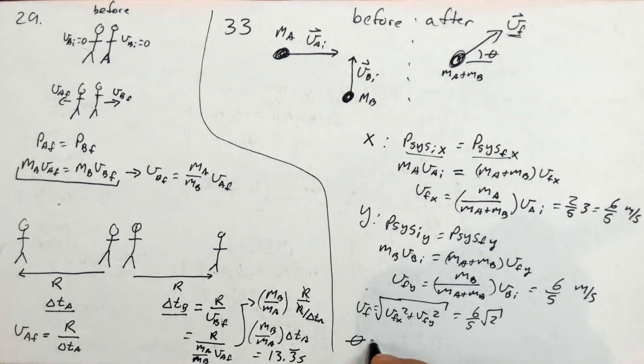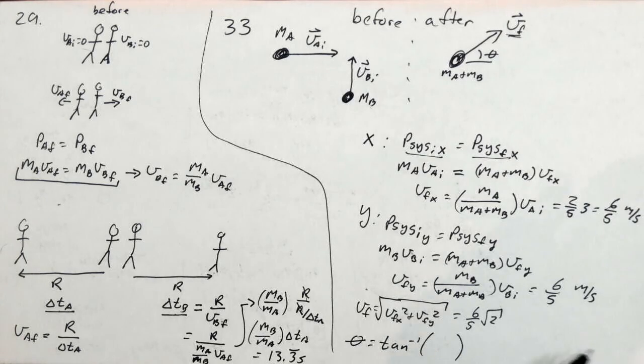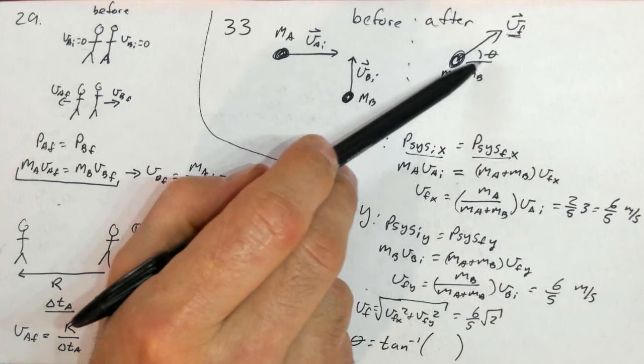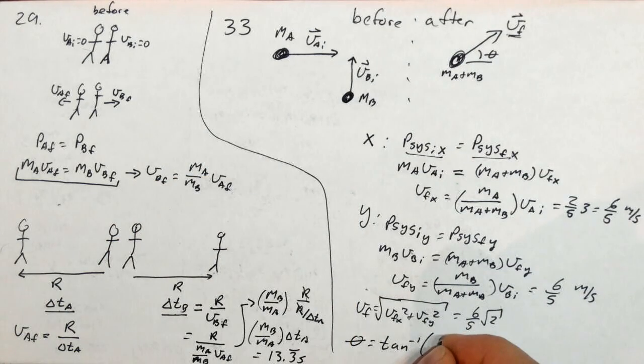And since they're the same, we know theta is 45 degrees. But just to show that, theta equals inverse tangent of opposite over adjacent. So opposite would be y, adjacent would be x. In this case, it doesn't really matter because they're the same, 6/5 over 6/5. That's going to give us a theta of 45 degrees.